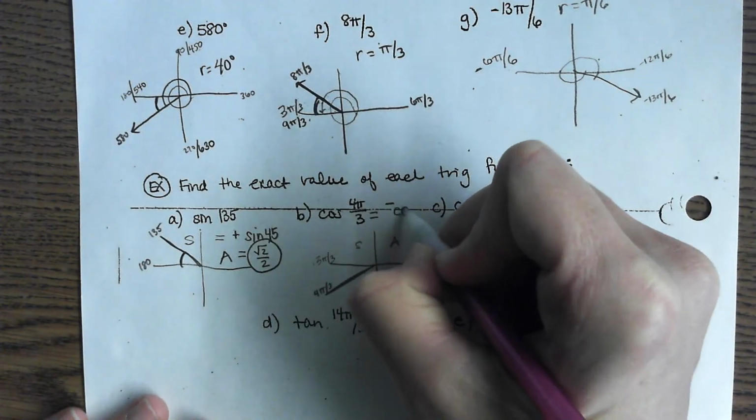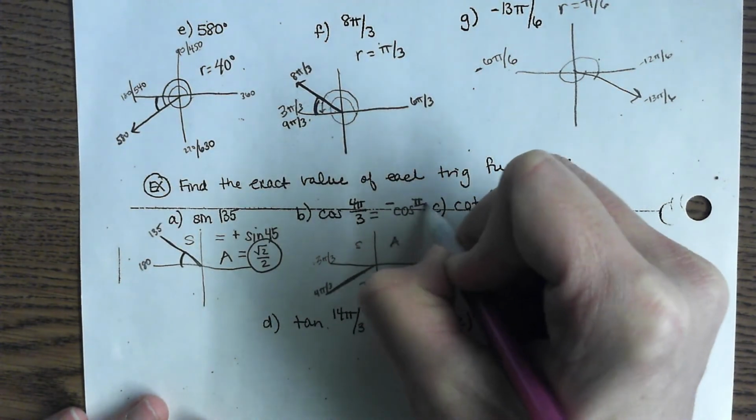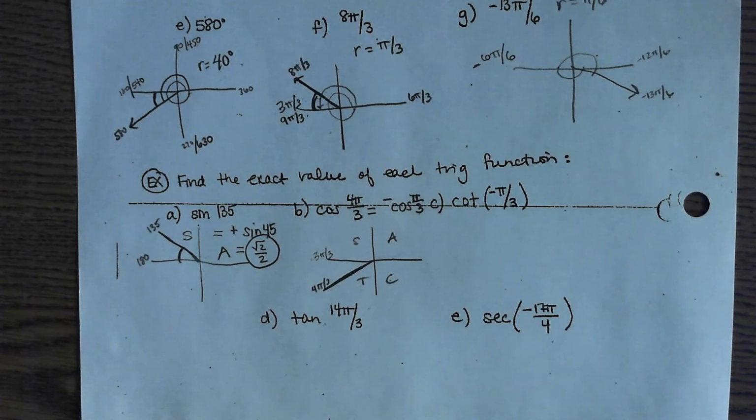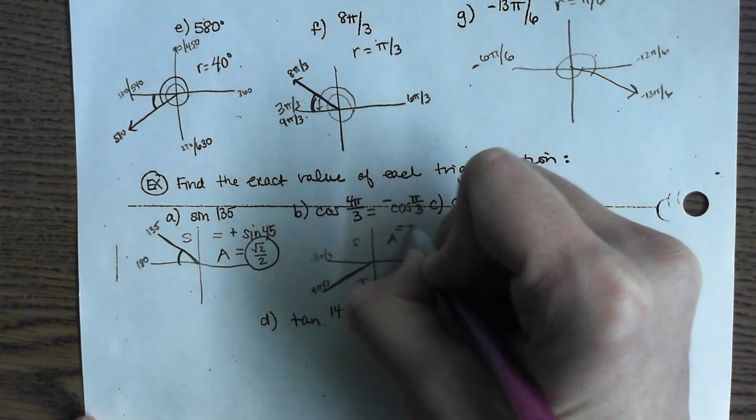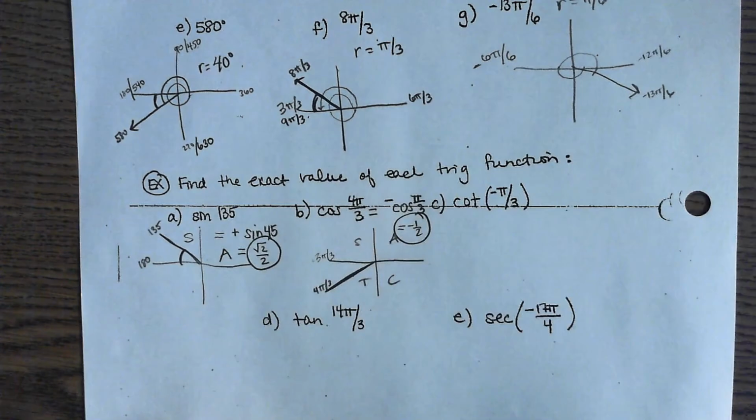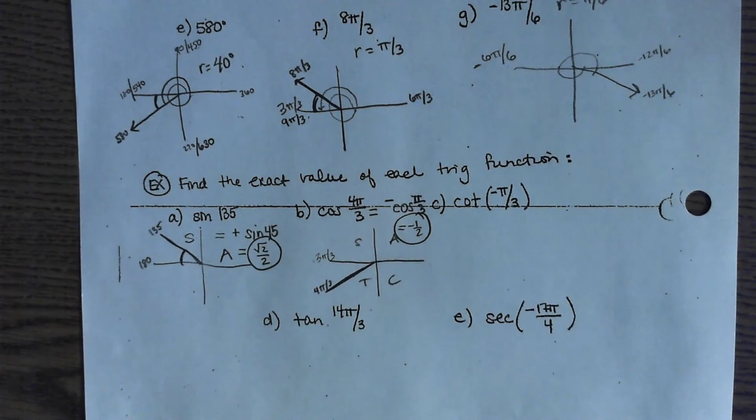And it's going to reflect the cosine of the reference angle, which is pi over 3. And the cosine of pi over 3, the cosine of 60, in other words, is 1/2 with a negative out in front. So the answer here is negative 1/2. Good.